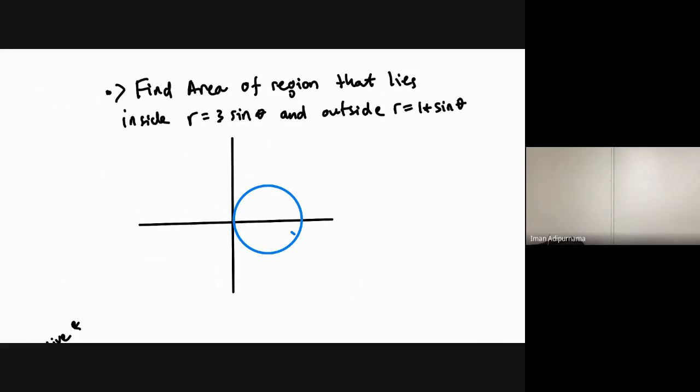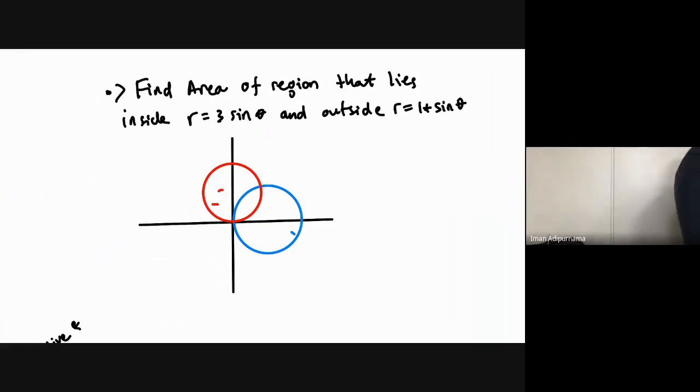If you draw like this one, this will be r sine, right? If the question has a minus, then it will be here, the minus sine. And if this is cos, the left one will be minus cos.